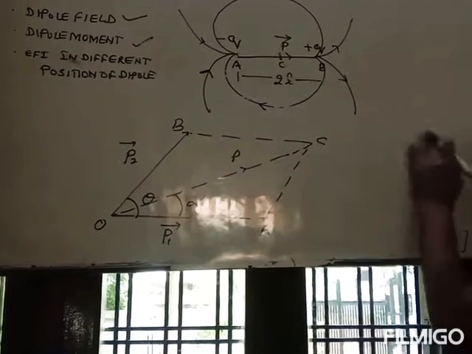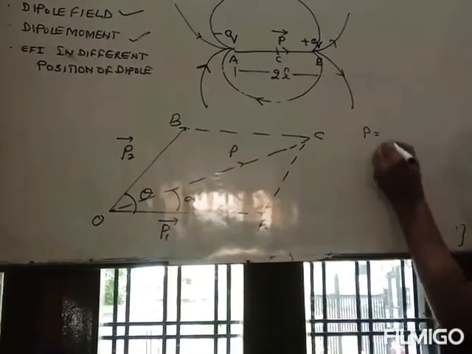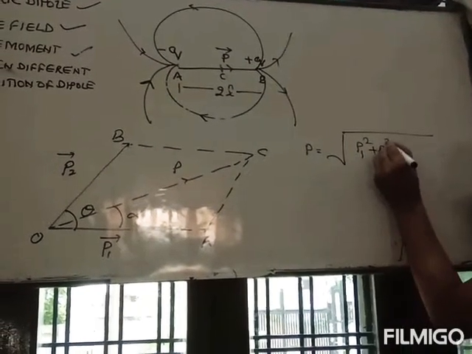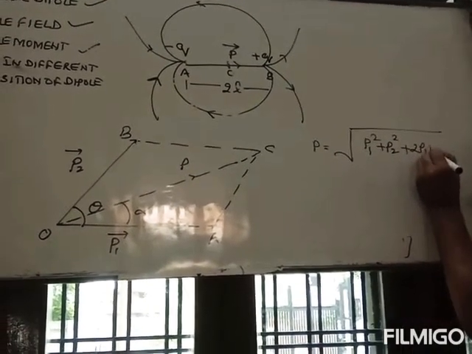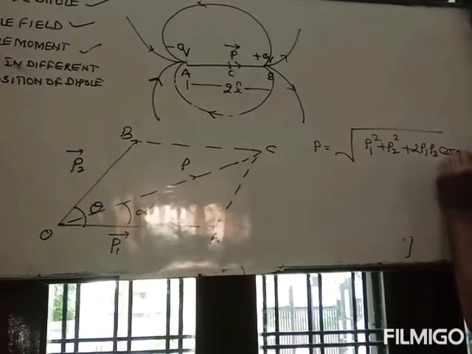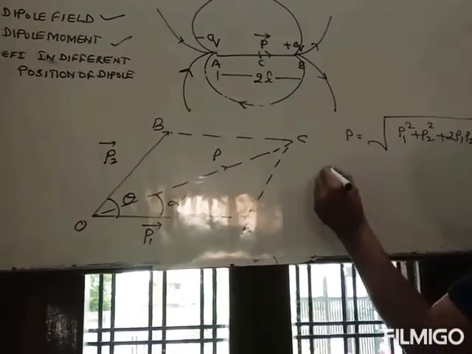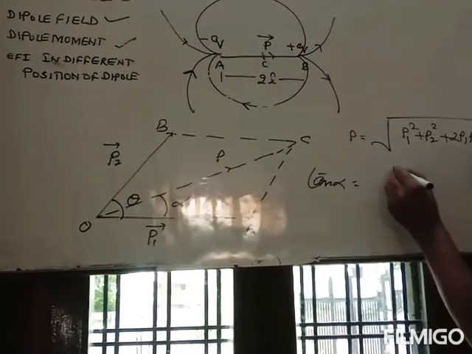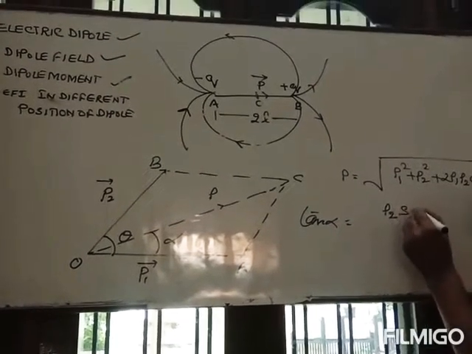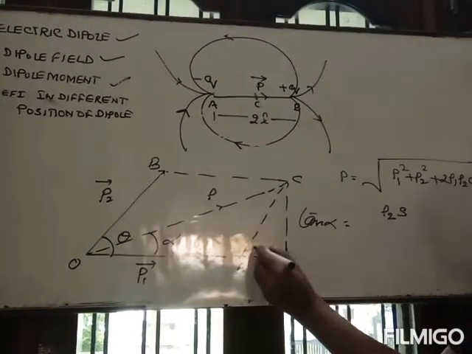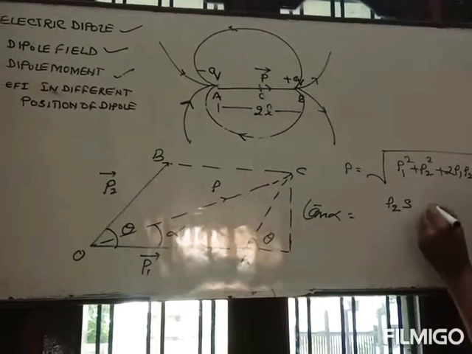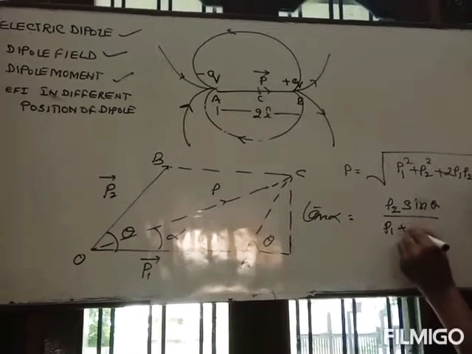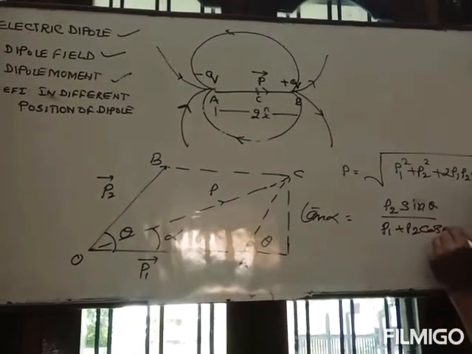So the resultant dipole moment P is equal to the square root of P1 squared plus P2 squared plus 2 P1 P2 cos theta, and its direction is tan alpha equal to P2 sin theta upon P1 plus P2 cos theta.